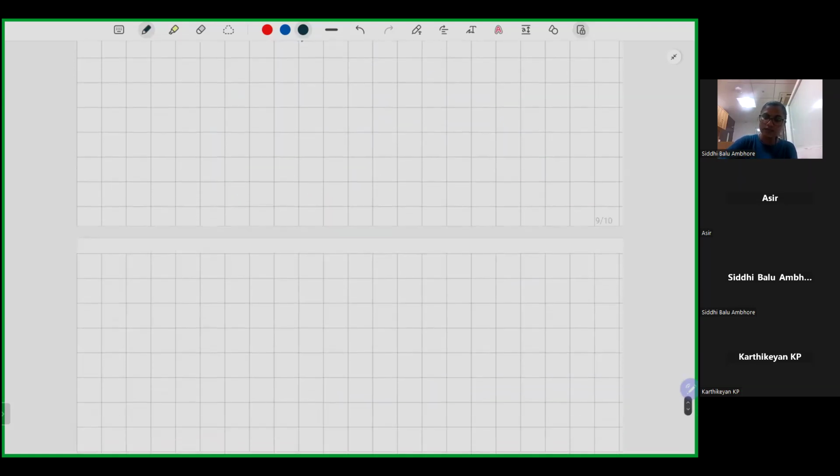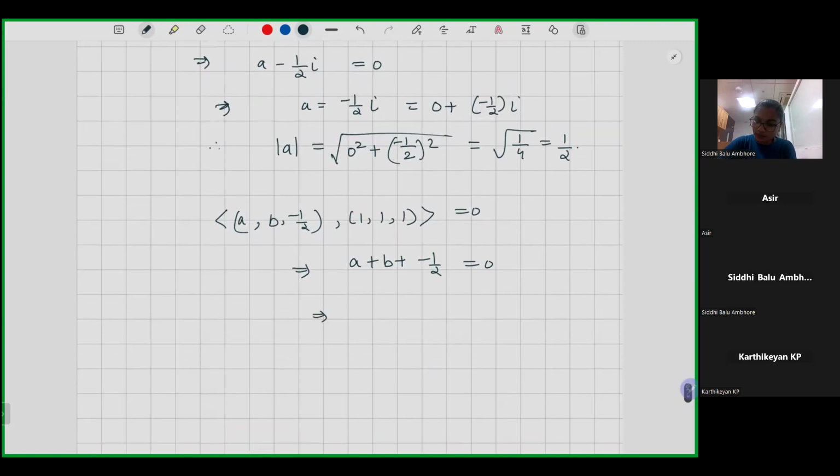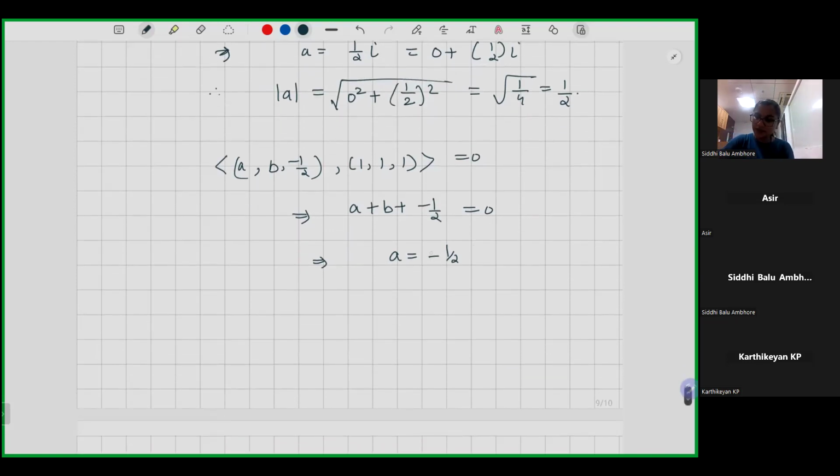So since we already know that A is equal to minus 1 by 2 i, the sign doesn't change the value of mod A, but still, B is 1 by 2 plus 1 by 2i.